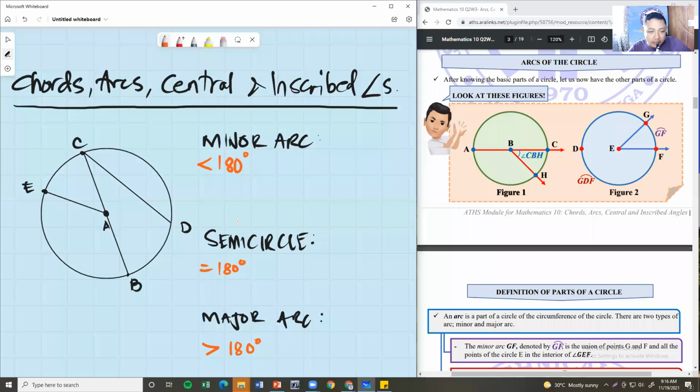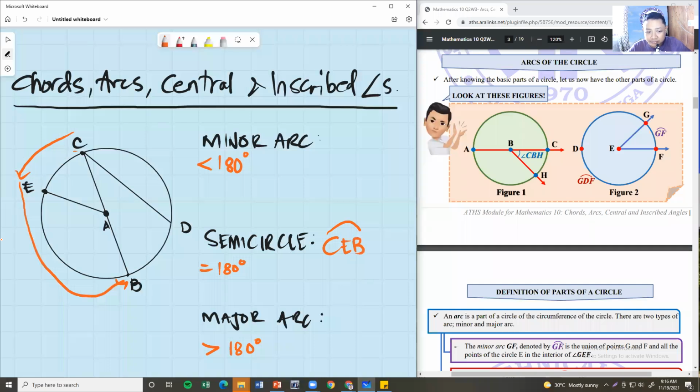So in this case, semicircle is divided by line, segment, or chord CB. Can you imagine that? So CB is our diameter. Therefore, we have two semicircles here. We have arc from C going to E, from E going to B. That's the first arc. So therefore, in here we have arc CEB.